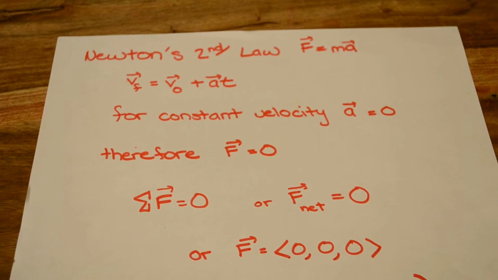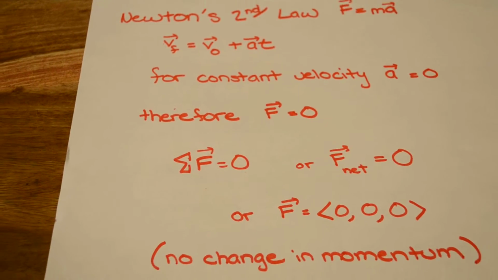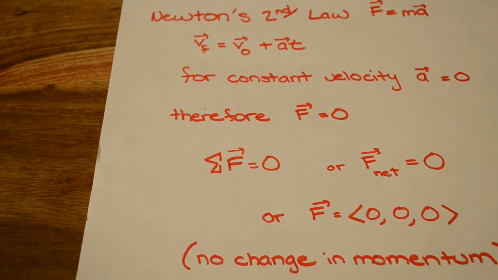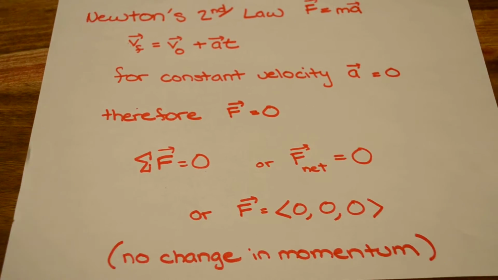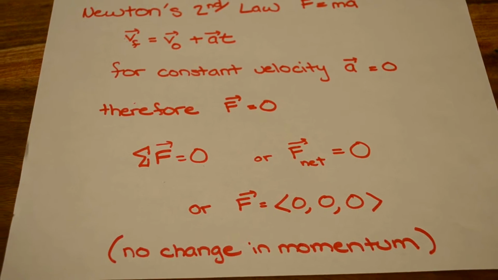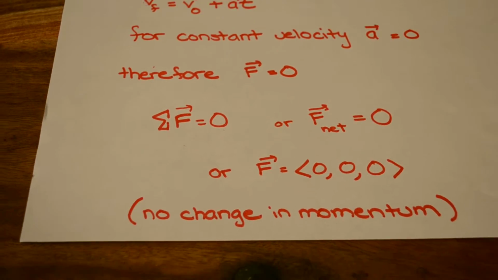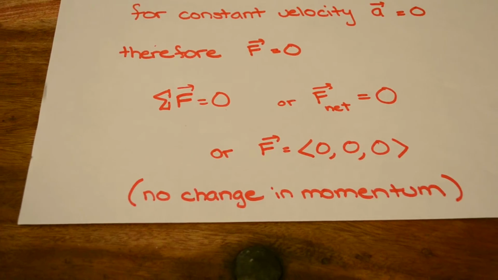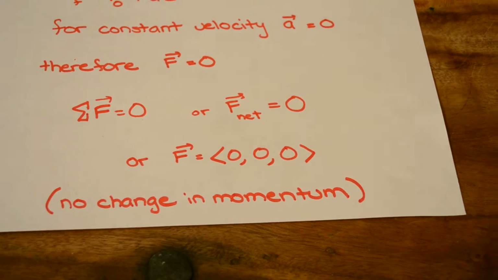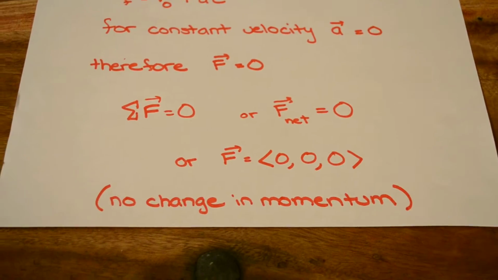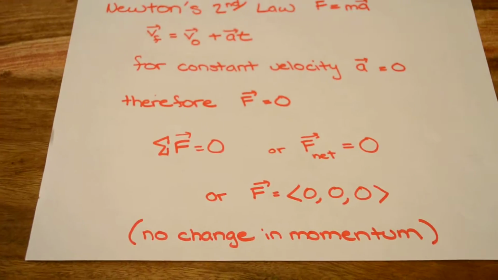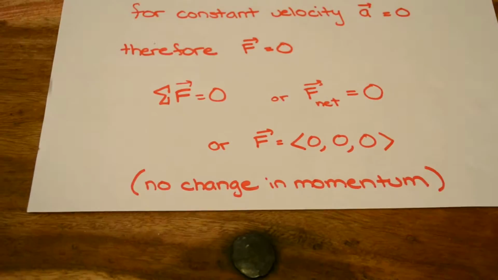Therefore, the force equals 0. The sum of the forces has to equal 0, or the net force has to equal 0. It says the same thing. And in vector notation, force can be written this way. Also, we know for constant velocity that there is no change in momentum.